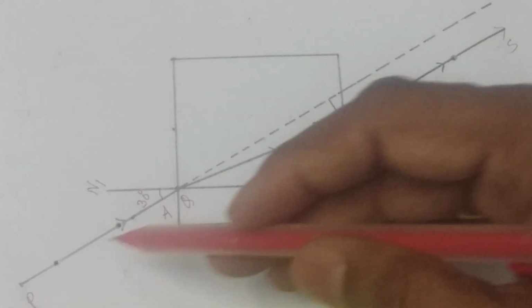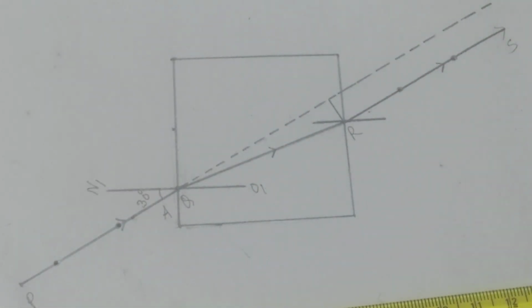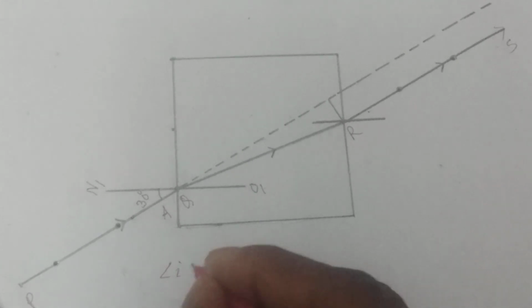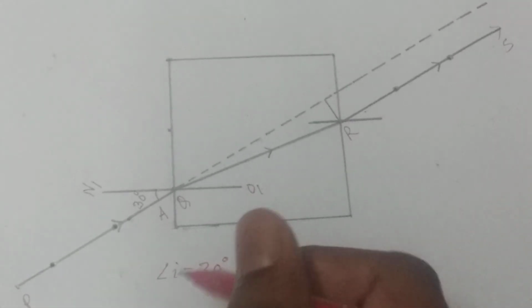That means this is the incident, refracted and emergent ray. And here the angle of incidence, that is angle I, is equal to 30 degrees. We got it by measurement.